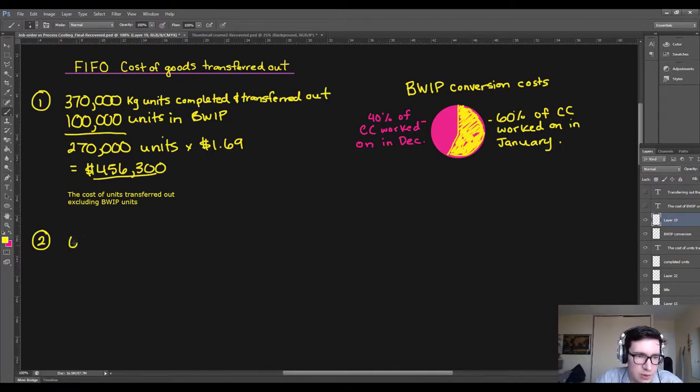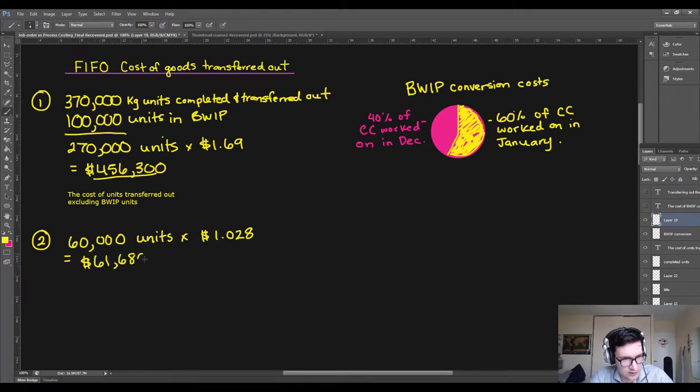So that's 60,000 units, and we're going to multiply that by the cost per equivalent unit for conversion costs. So that's $1.02, and that's going to yield 61,680.